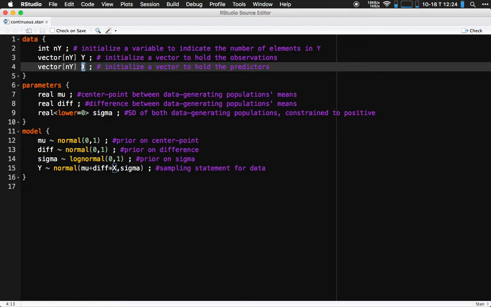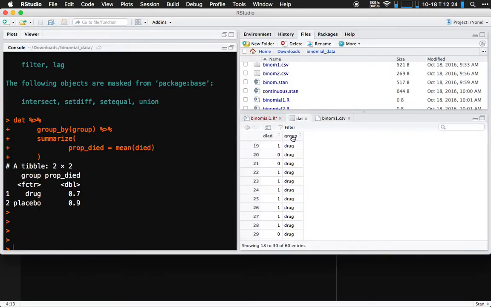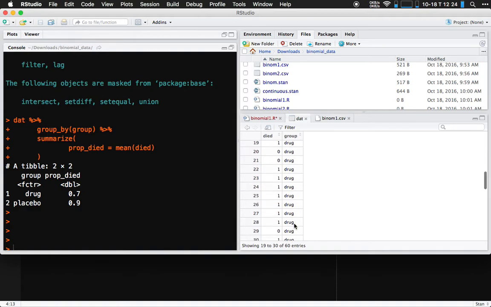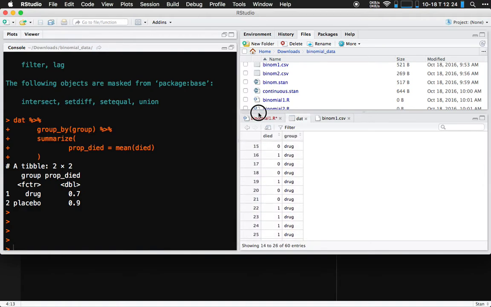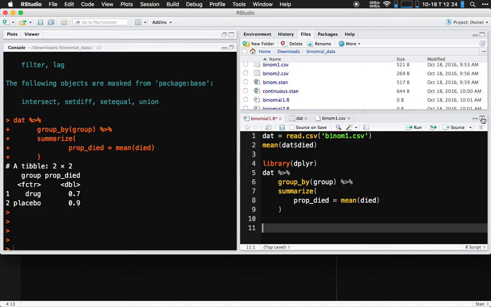I'm just describing right now what we used to do, so that I can contrast with what we're going to do with the now binomial data. So we'll have to remember to create this thing called x that converts this column group into negative 0.5 and positive 0.5. Let's actually do that right away before I forget.